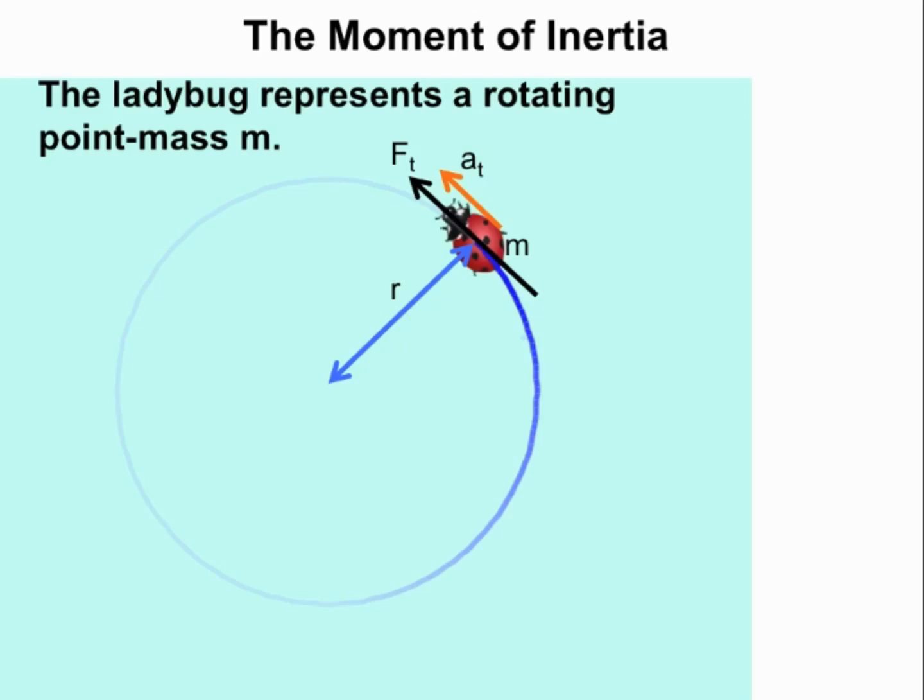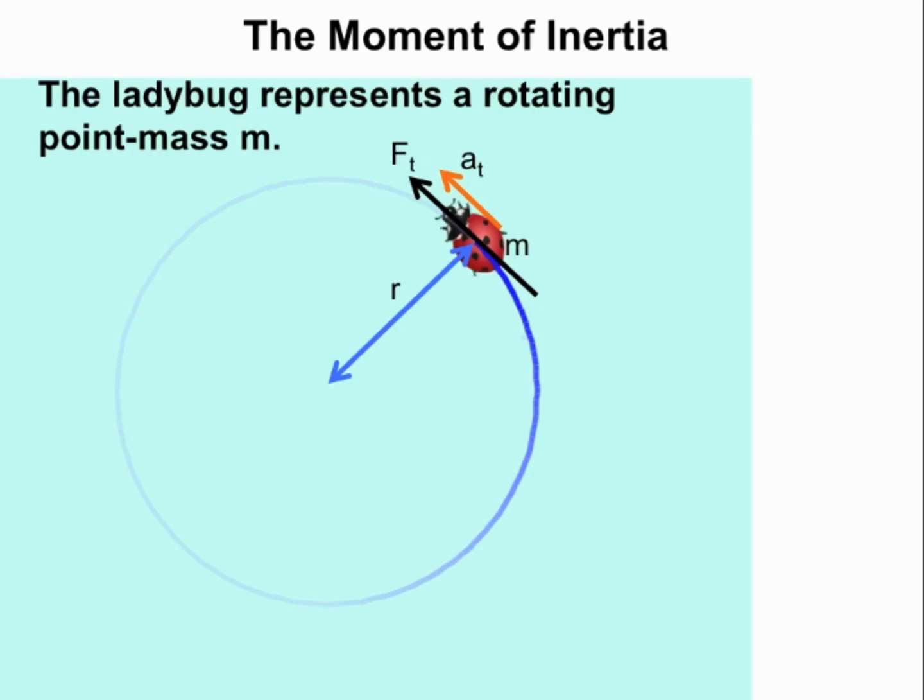All right, so now we're going to derive the definition of moment of inertia. So the ladybug represents a rotating point mass m. Now, obviously, the ladybug is big enough to see because we're trying to learn here, but a point mass is just that. It's a point, something that you would not even be able to see. It's so small.